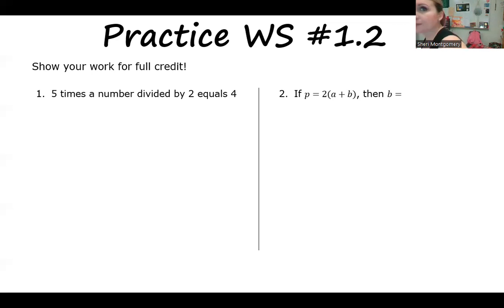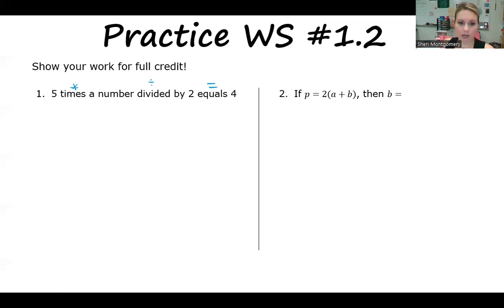The first one says 5 times a number divided by 2 equals 4. So we have 5 times. So times, that means multiply, right? So times means multiply. Divided by, well, that's division, and then equal sign. So we pretty much just go through left to right, and we're going to jot this down.